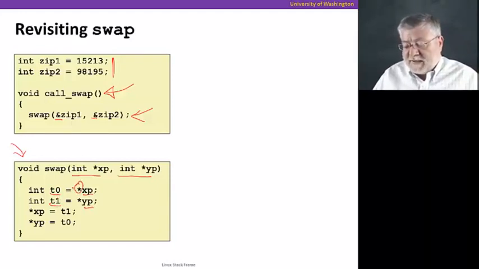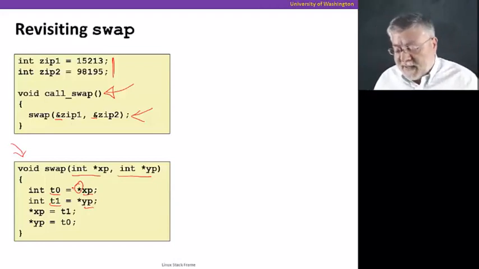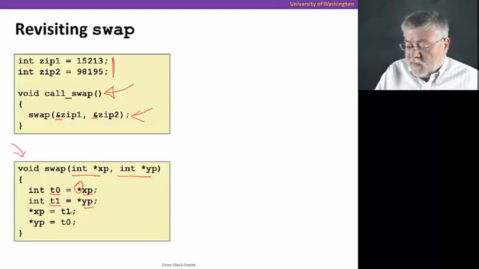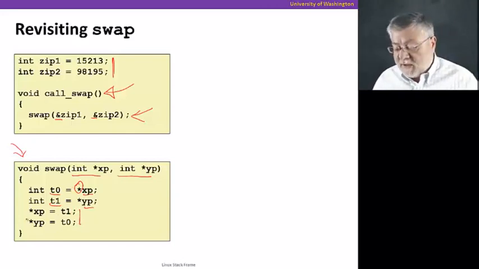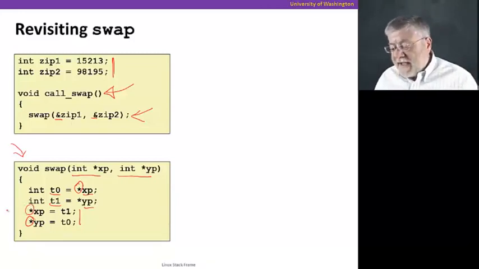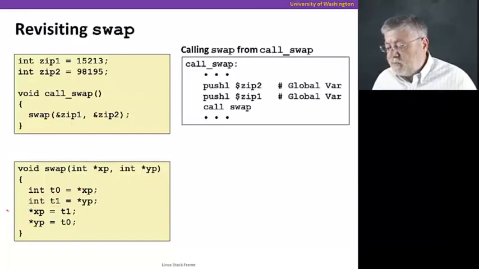Remember, we're dereferencing the pointer, going to get the value at that address. That's going to be the values 15213 and 98195. Then we take those temporary values and put them in the opposite location, again dereferencing the pointers. That's our function call swap and swap, our two procedures.